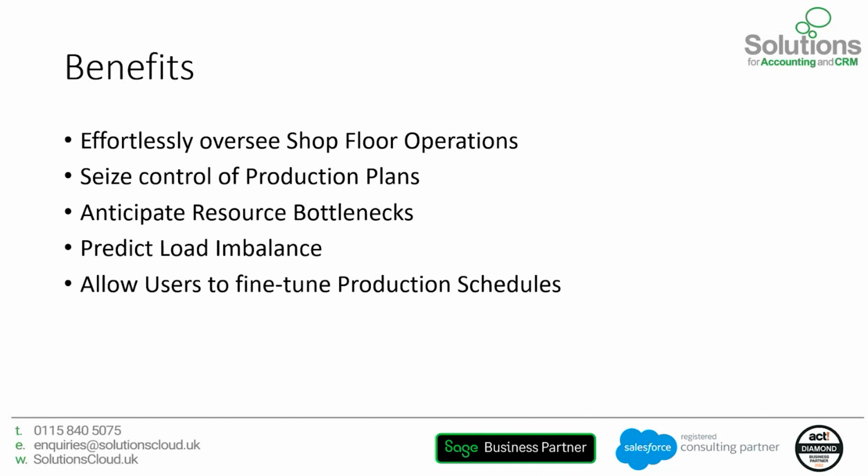The tool also gives users the ability to see in advance where there might be situations where potential bottlenecks are coming because the same machines or labor resources are required for running multiple operations at the same time, or the opposite, that there's an imbalance between the load, which means that certain resources are being underutilized.